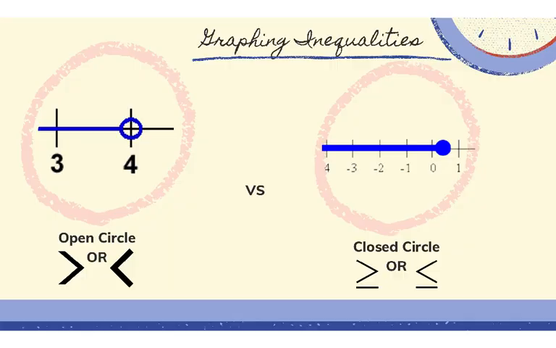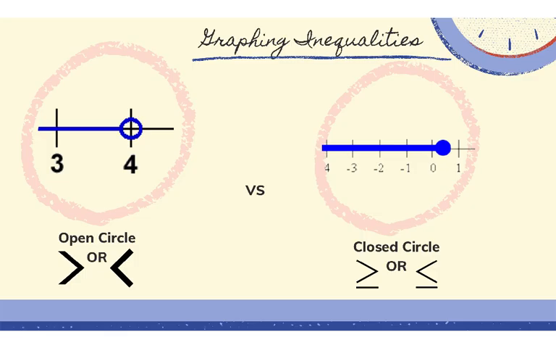As you may recall, we graph inequalities on a number line in this class, and so we want to recognize the difference between less than or equal to, greater than or equal to, and just greater than or less than symbols. So we do that by graphing them a little bit differently.